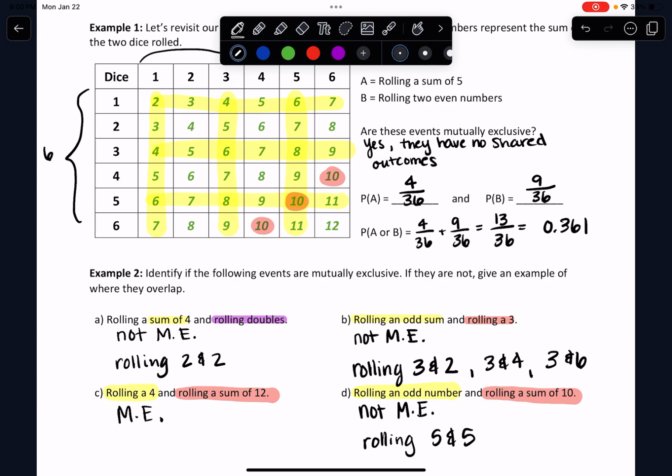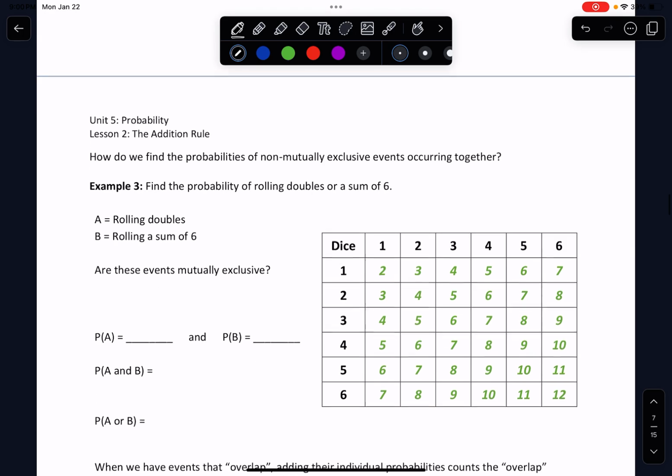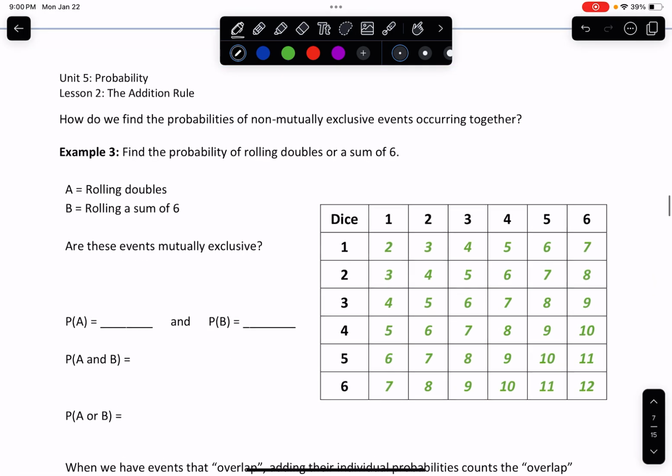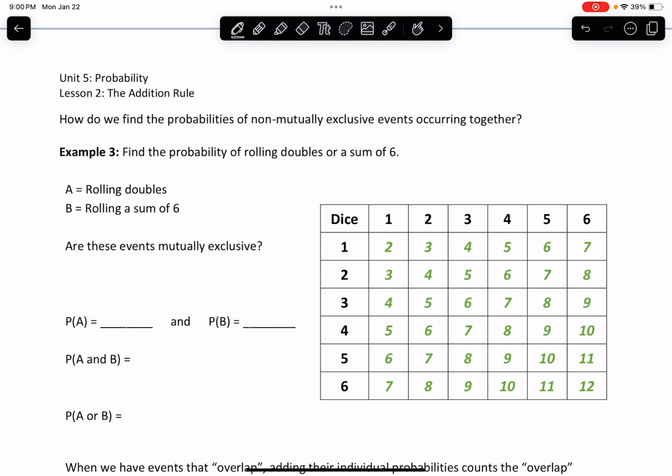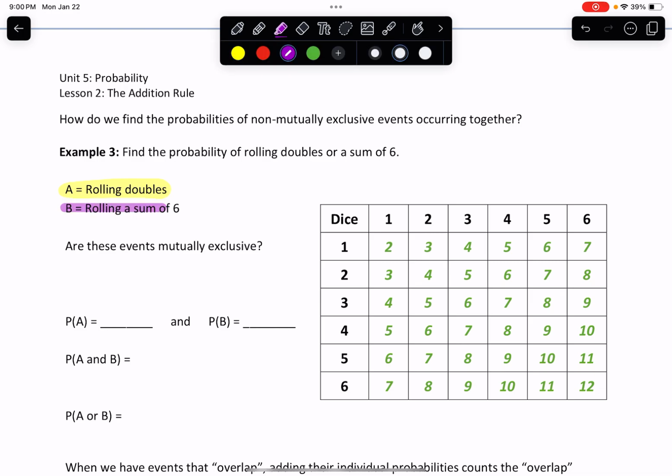Not too bad. So then what do we do if the probabilities are not mutually exclusive, if events do have shared outcomes? So for example, let's look at the probability of rolling doubles and the probability of rolling a sum of 6. So rolling doubles, that's 1 and 1, 2 and 2, 3 and 3, 4 and 4, 5 and 5, 6 and 6.